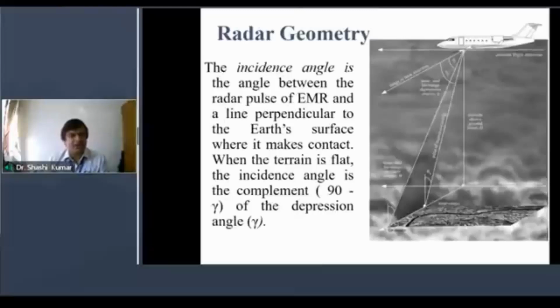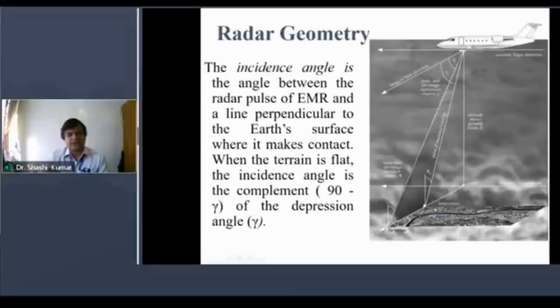Generally, when we are talking about the radar geometry, one can see that a few directions are given, like azimuth direction as well as Z direction. The SAR sensor will move in the flight direction, that is the azimuth direction, and it will transmit the electromagnetic pulses in the range direction.